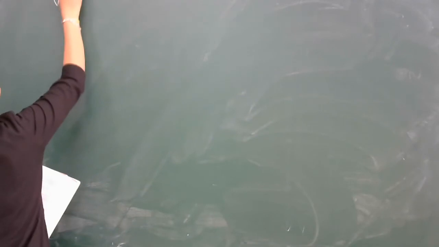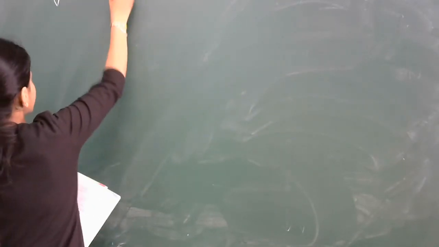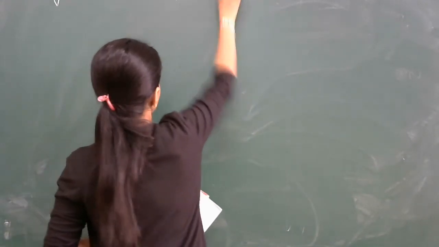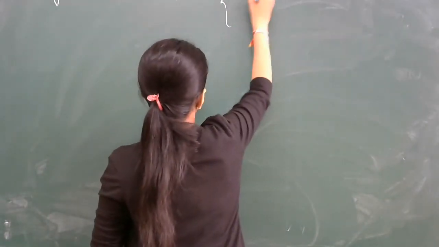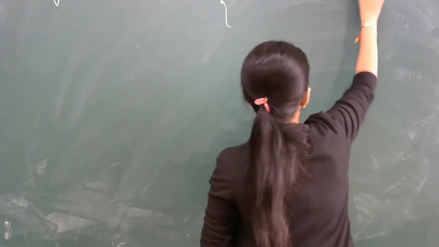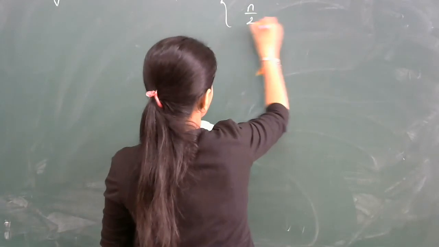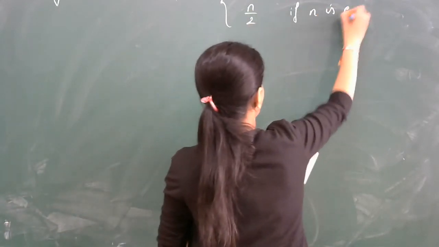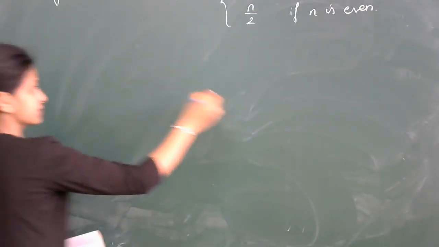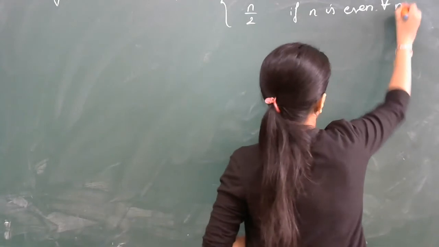They have given a function f from the set of natural numbers, and it is defined by f of n is equal to (n plus 1) by 2 if n is odd, and n by 2 if n is even, for all n belonging to the set of natural numbers. So we have to state whether the function is bijective or not.